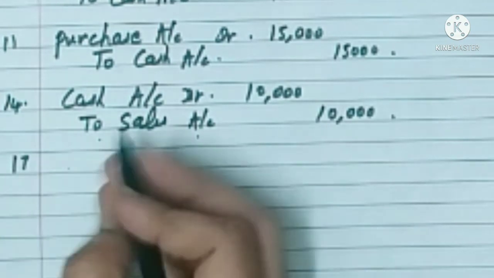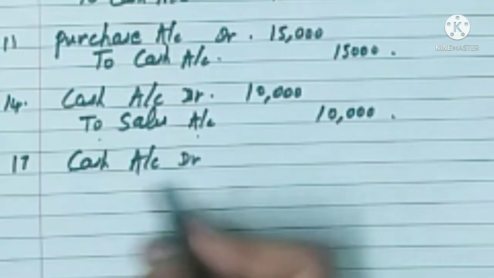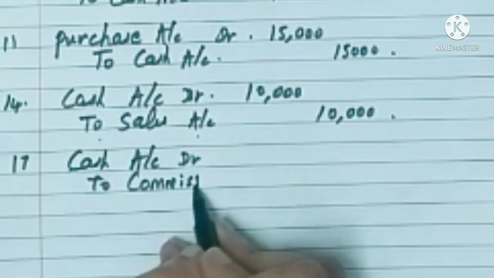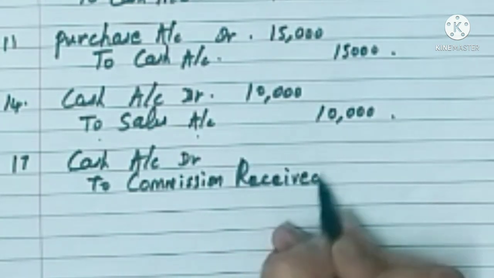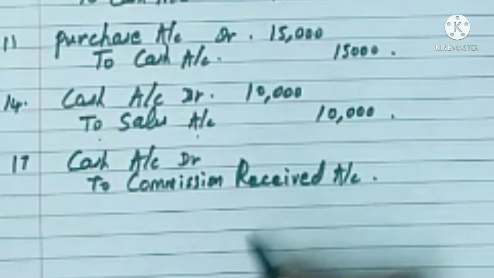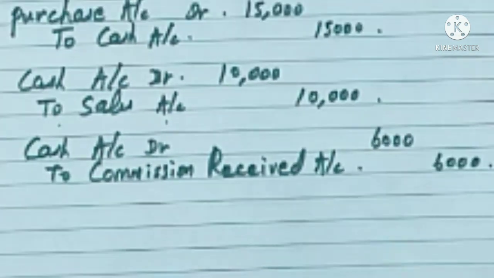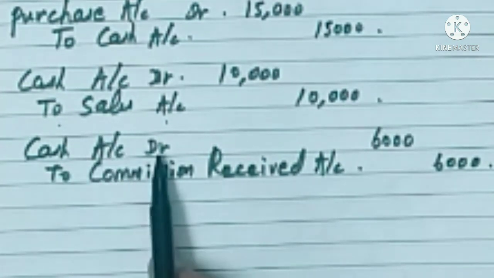Date is 17th June. Cash account debtor to commission received account. Amount is rupees 6,000. In this entry, cash account is debited.